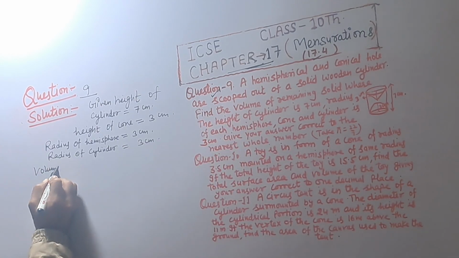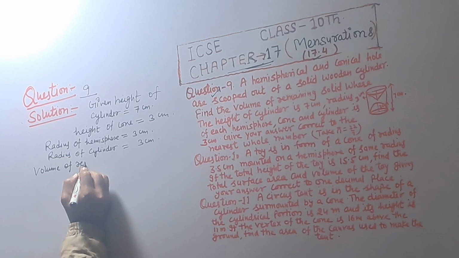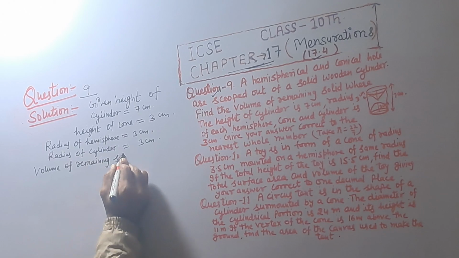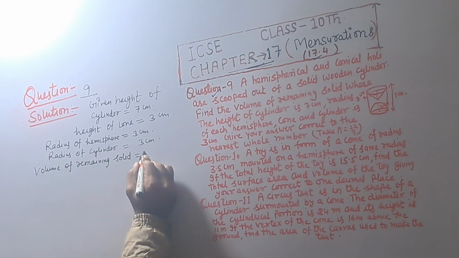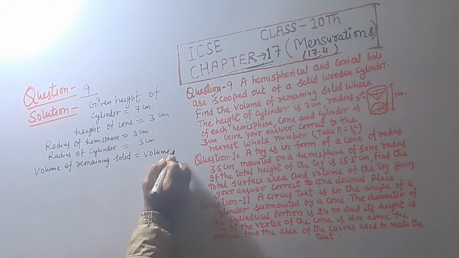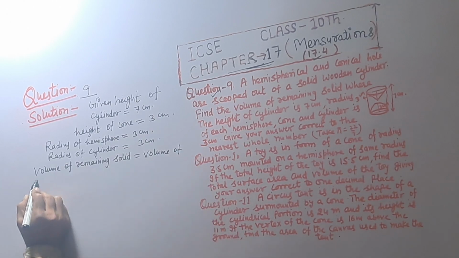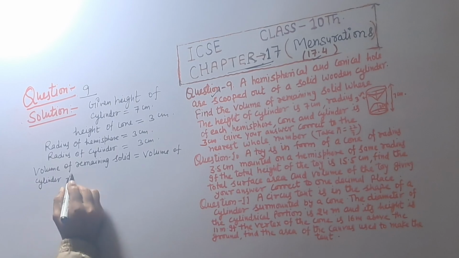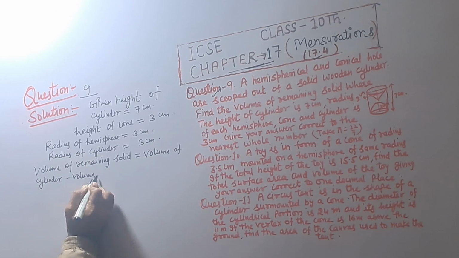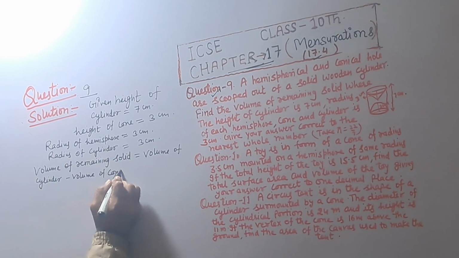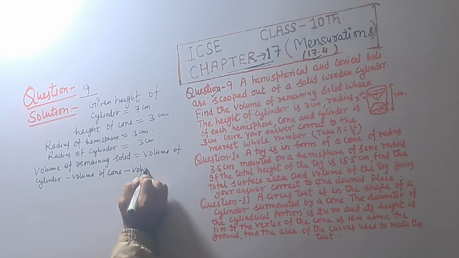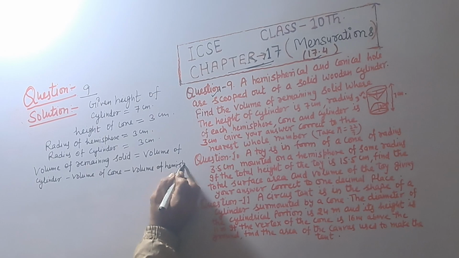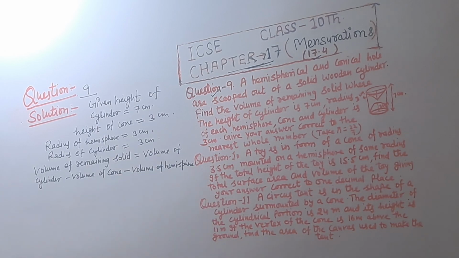Volume of remaining solid is equal to volume of cylinder minus volume of cone minus volume of hemisphere.